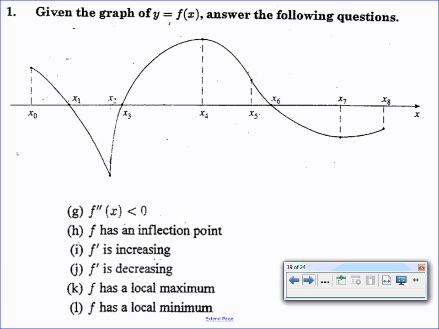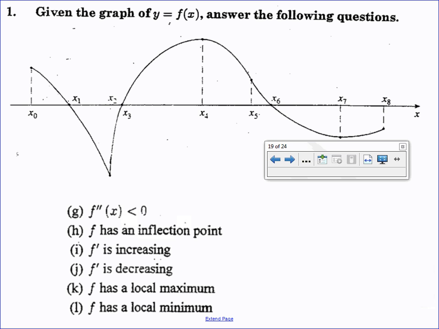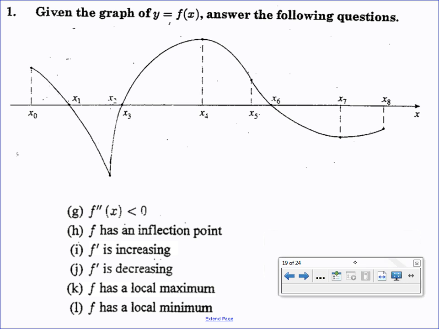Let's do a double prime. F double prime is negative when f is concave down. So respecting my original graph of f, it looks like we're concave down on x sub 0 to x sub 2. Then we're going to parentheses it because we've got this cusp here.